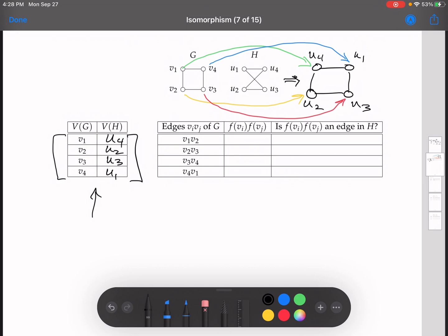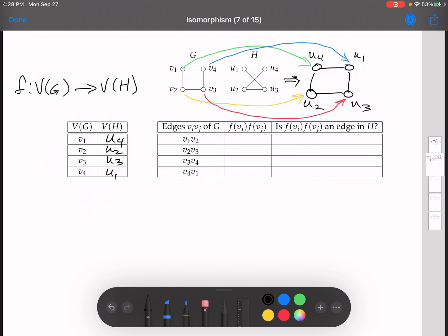That tells us it's one-to-one, no D and E's. That tells us it's onto. So this, in fact, is a one-to-one and onto function. So now we know that F from the vertices of G to the vertices of H, represented by this table right here, is in fact a one-to-one and onto function.